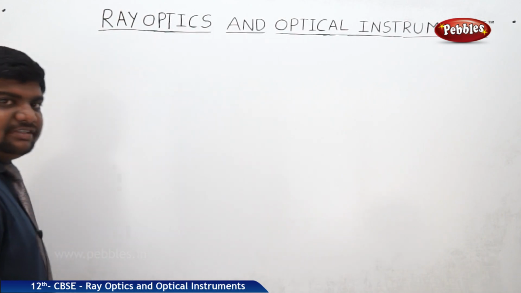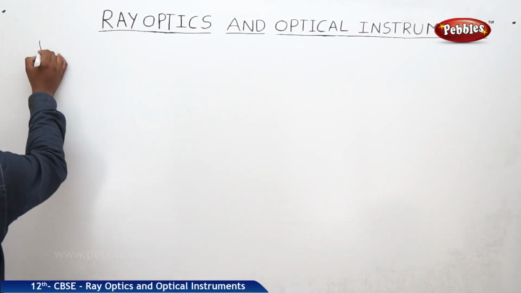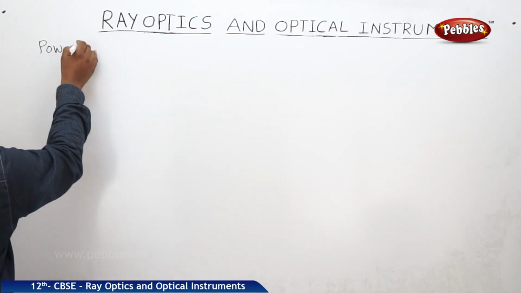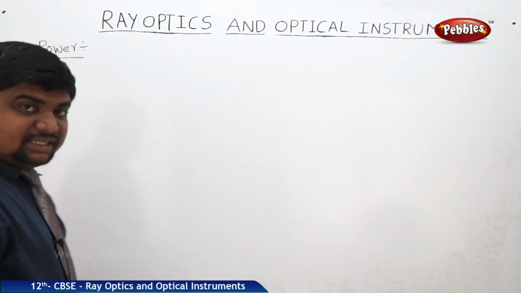So what is the actual definition of the power of the lens? We know that the power of the lens is equal to 1 by F. So what is the definition?